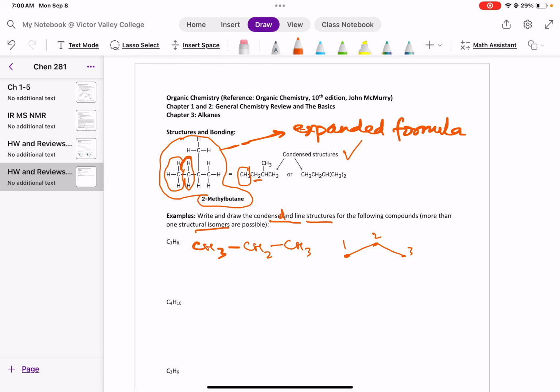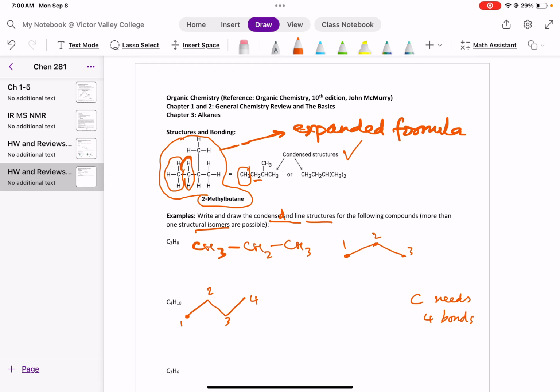Now for C4H10, we can just skip the condensed formula and do the line formula because it's a lot faster. So that's 1, 2, 3, 4. I'll be able to recognize number 1, that's a CH3. Notice carbons need 4 bonds.